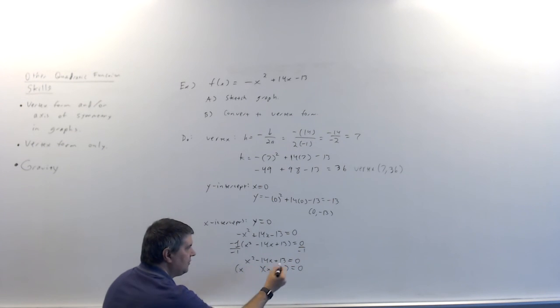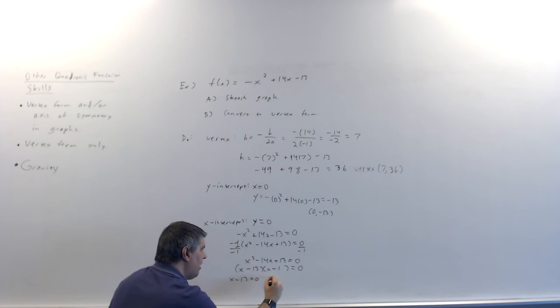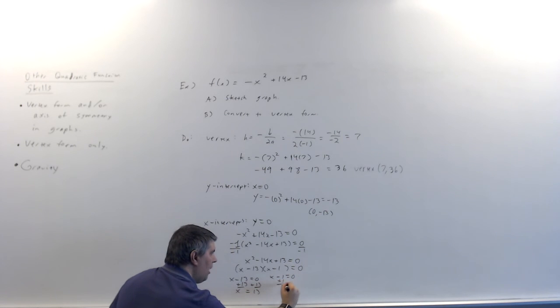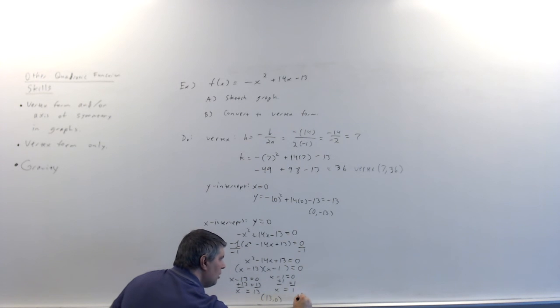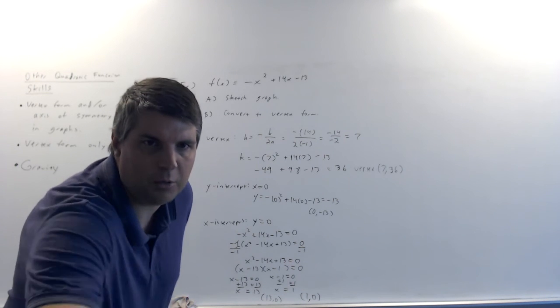The pair of factors of 13 that add to negative 14 are negative 13 and negative 1. So x minus 13 is 0, x minus 1 is 0. Add your 13, x is 13. Add your 1, x is 1. So my points are 13, 0, and 1, 0. Okay?